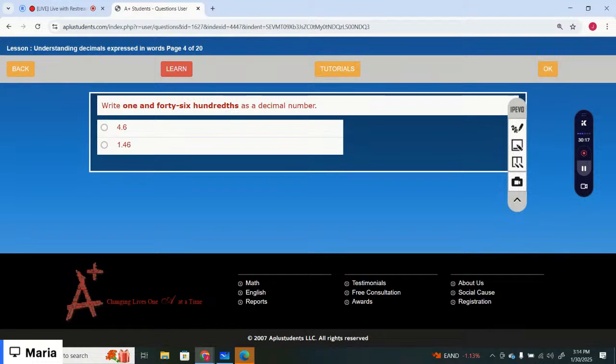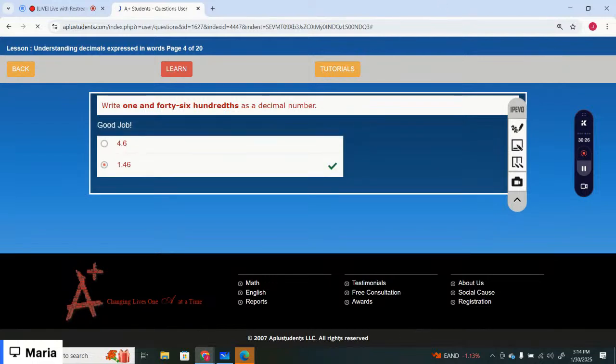So which is the correct option? That is 1.46. Option number 2 is the correct option.